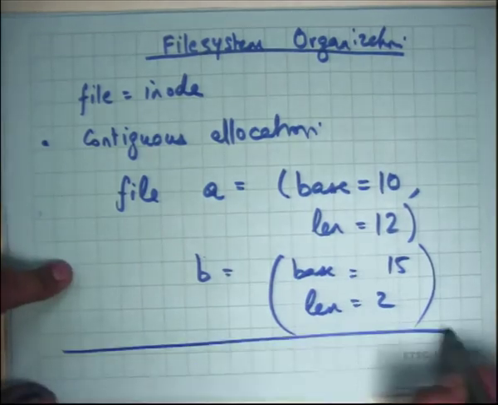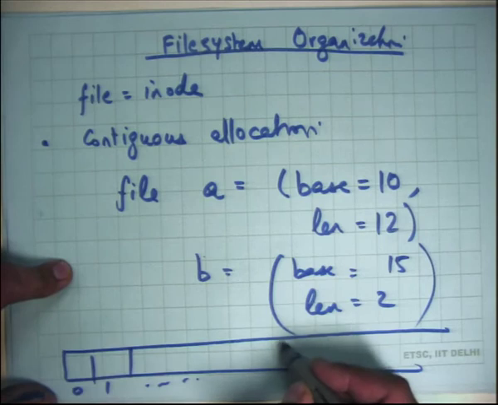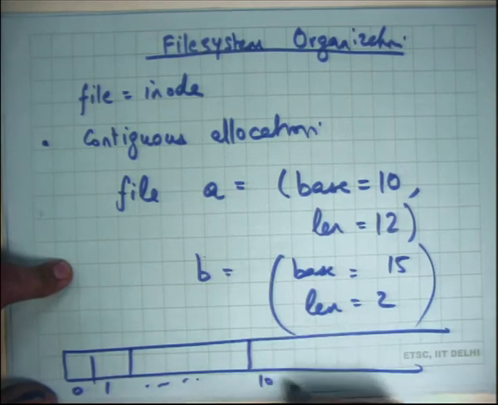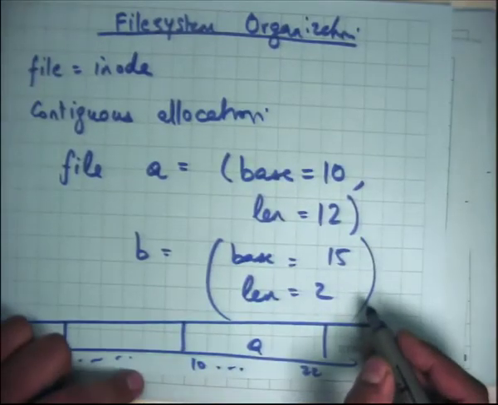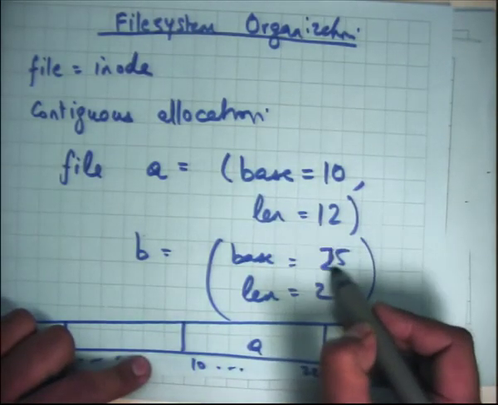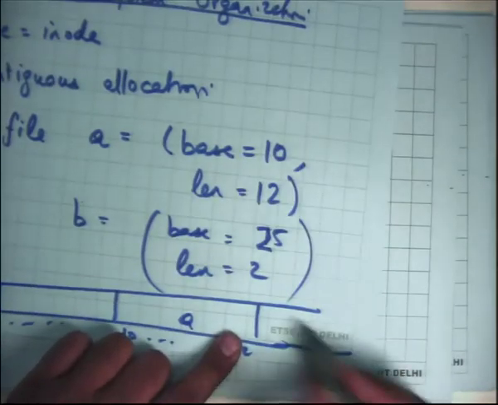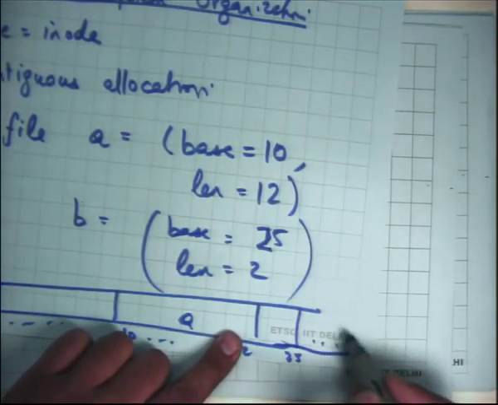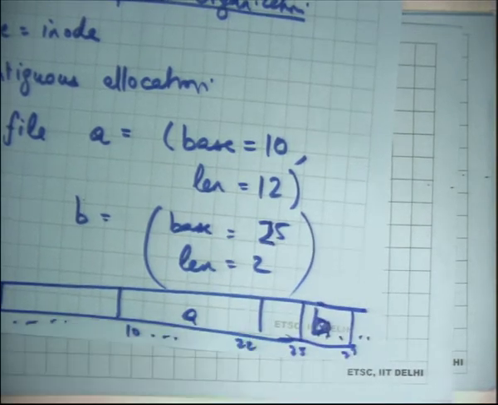And if I draw the disk, then you basically have 10 dot dot 22 is A, and B cannot be at 15. So it has to be, let us say, 25, they cannot overlap. And then you have 25 dot dot 27, which is B. So that is contiguous allocation.